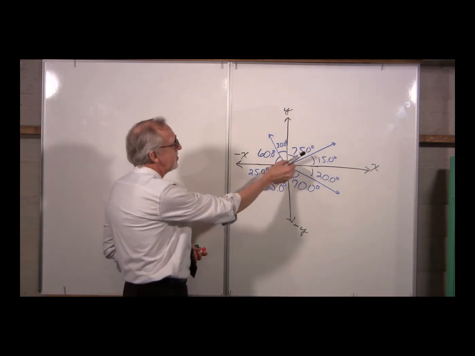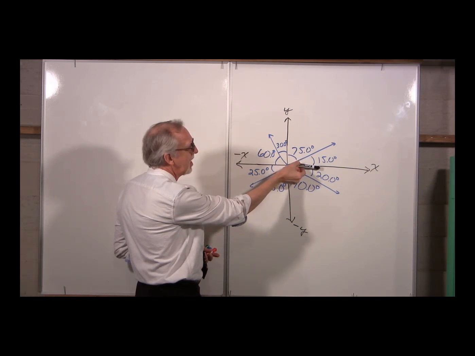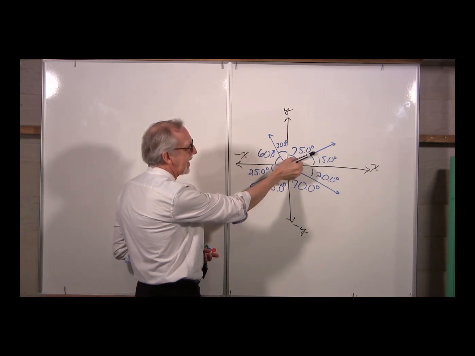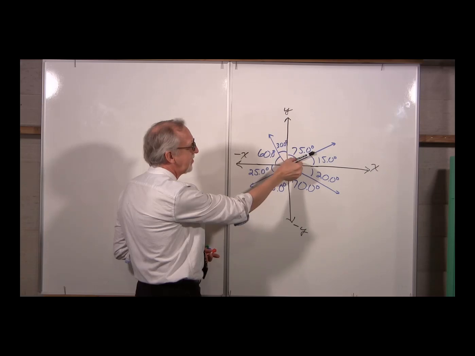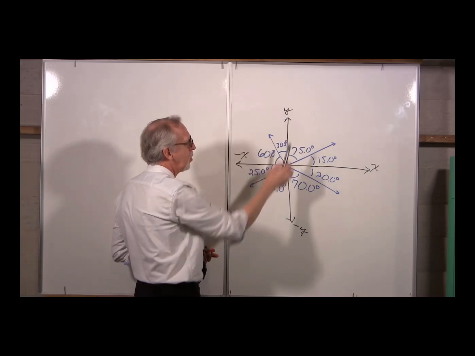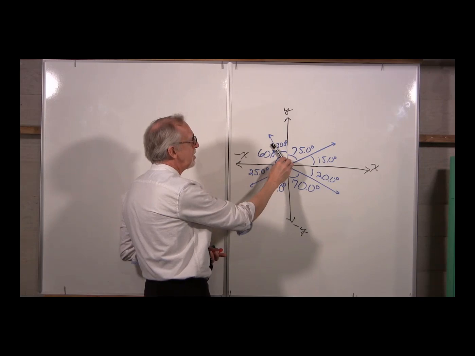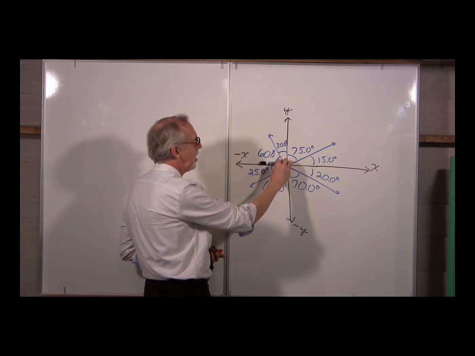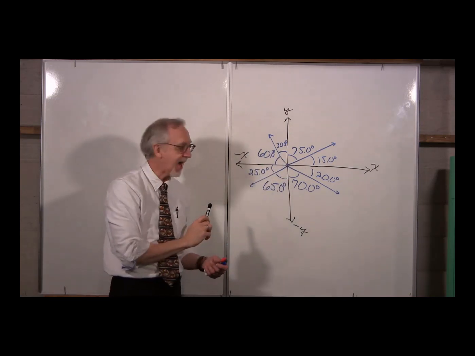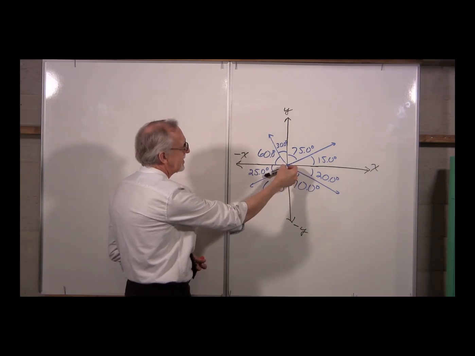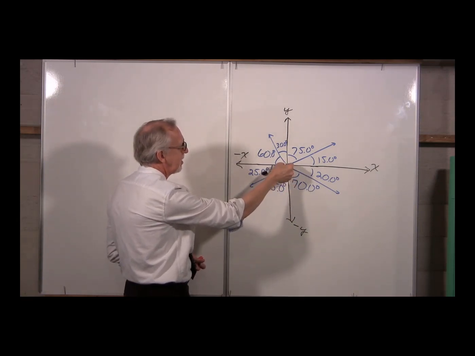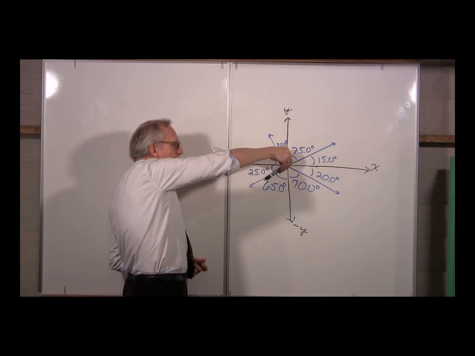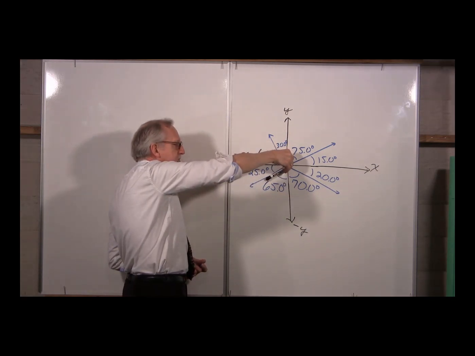So a vector in this direction, we might say, is 15 degrees above the x-axis, or 75 degrees to the right of the y-axis. This vector, we might say, is 30 degrees to the left of the y-axis, or 60 degrees above the negative x-axis. This vector, we might say, is 25 degrees below the negative x-axis, or 65 degrees to the left of the negative y-axis.